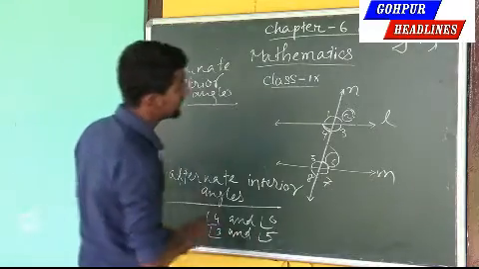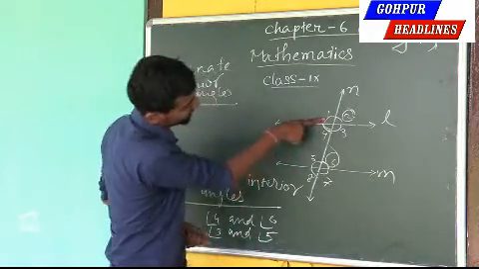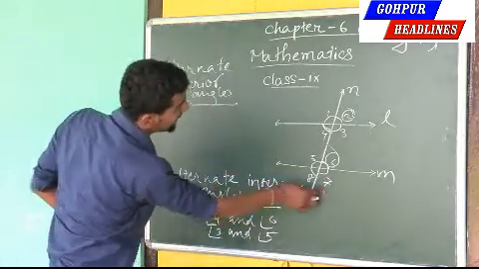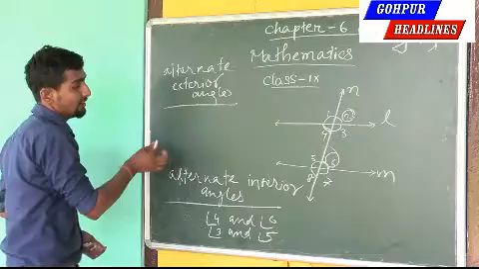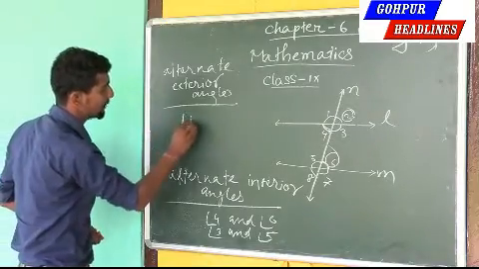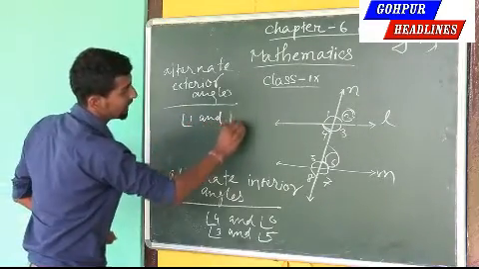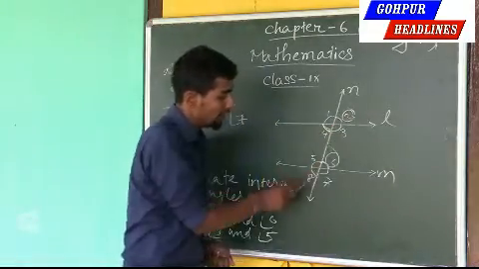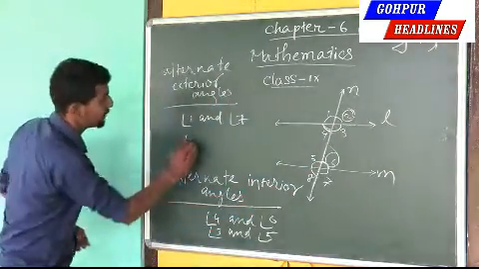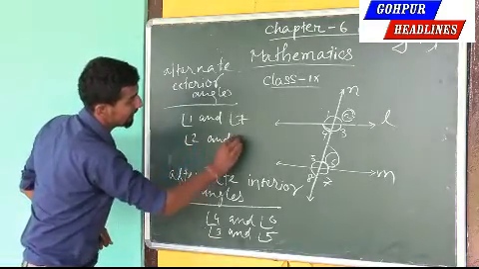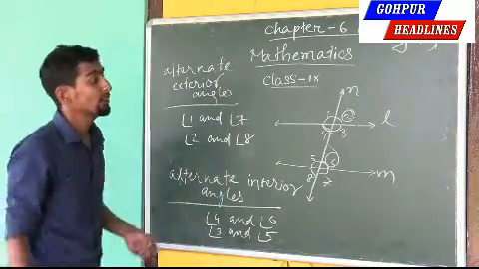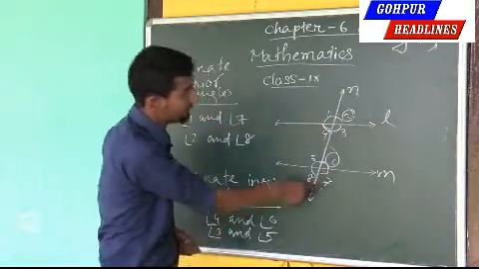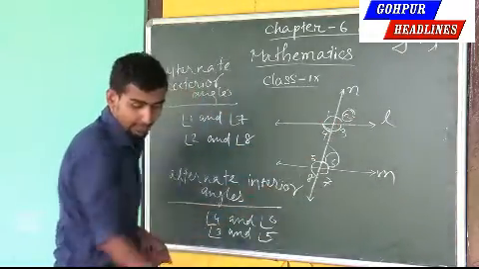Suppose angle 1 and angle 7, and angle 2 and angle 8. So these are the alternate exterior angles: angle 1 and angle 7, angle 2 and angle 8.